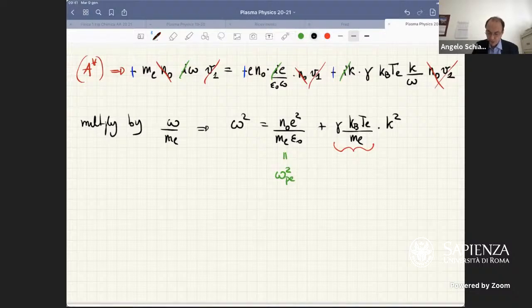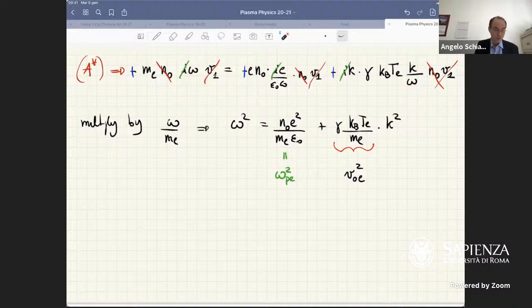We call it V0 of electrons squared. The thermal velocity would have a 3 factor in front of it, if you remember. Here we have a gamma, so it's very close to the thermal velocity of the electron, this characteristic speed, and we see why we call it characteristic speed.